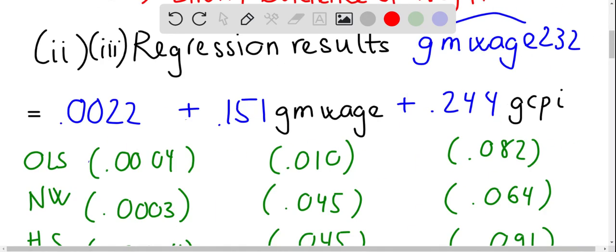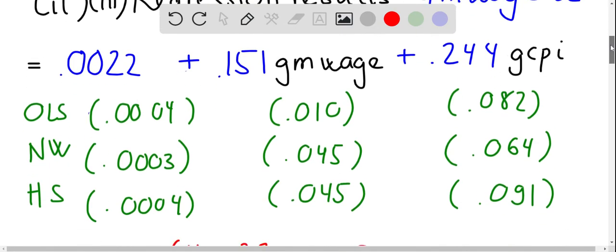This is the regression equation for part 2 and 3 with 3 types of standard errors. Note that the estimates are not changing, only the standard errors change. The first line of standard error is the OLS, the usual and probably incorrect type.